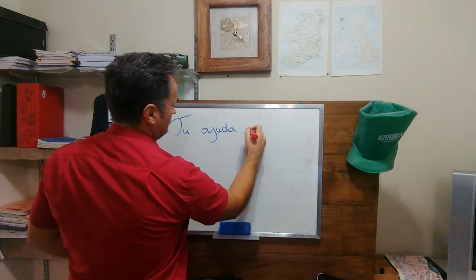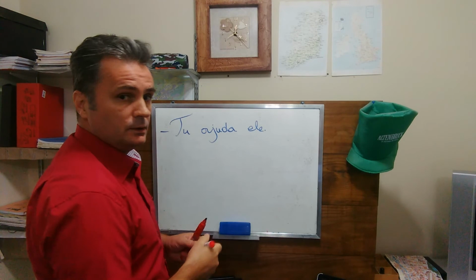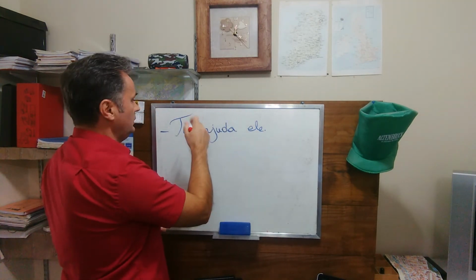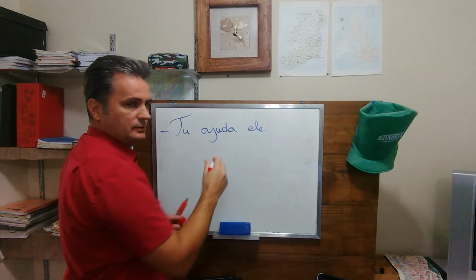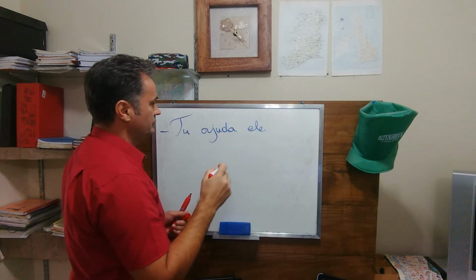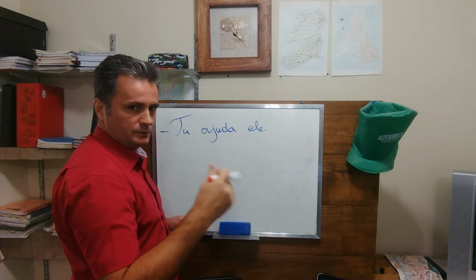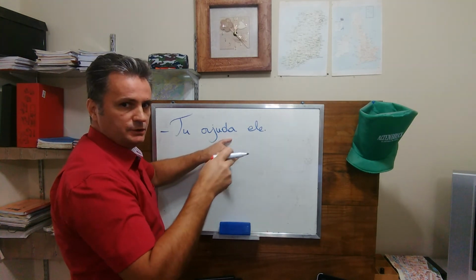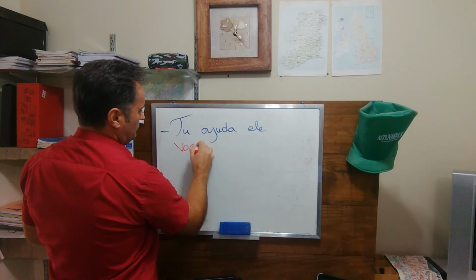ajuda ele, right? Remember the conjugation? Eu ajudo, tu ajudas. Okay, you add an S at the end of the verbs. But in daily conversation here, we use the third person, like he or she, or as você.